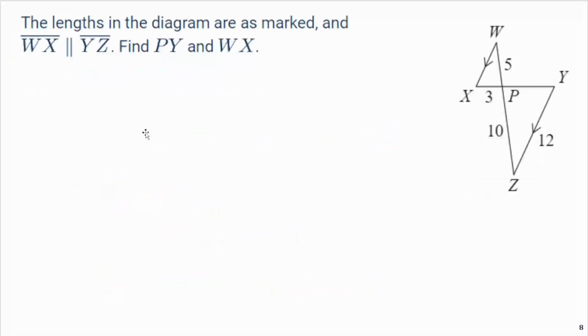Lengths in the diagram are marked and WX is parallel to YZ. Can you find PY and WX?